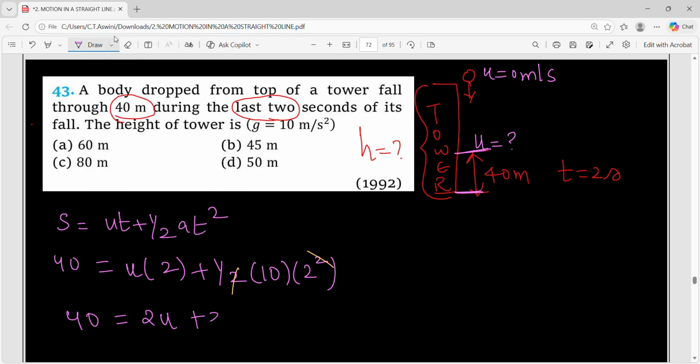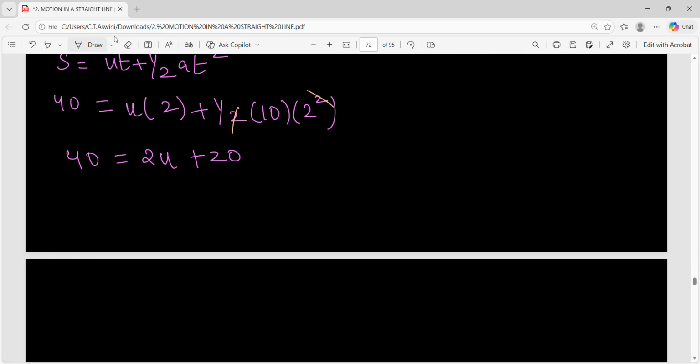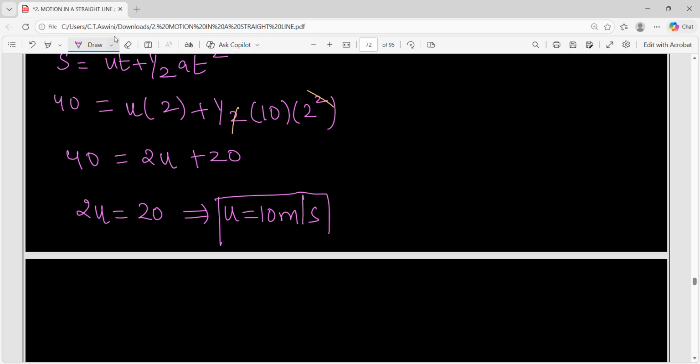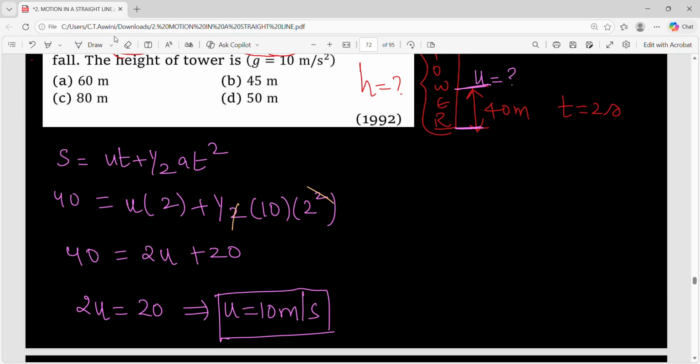What you are left with is 10 into 2, 20. Simplify this: 2u equals 40 minus 20, so 20. So u is 10 meter per second. So you got the initial velocity of the body for the last 2 seconds of its journey.